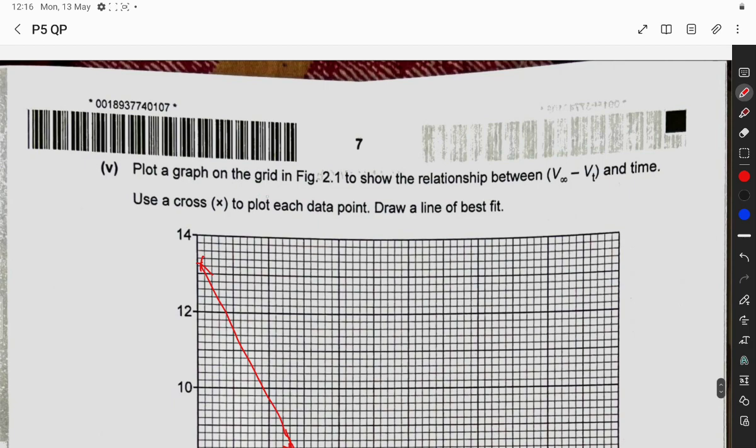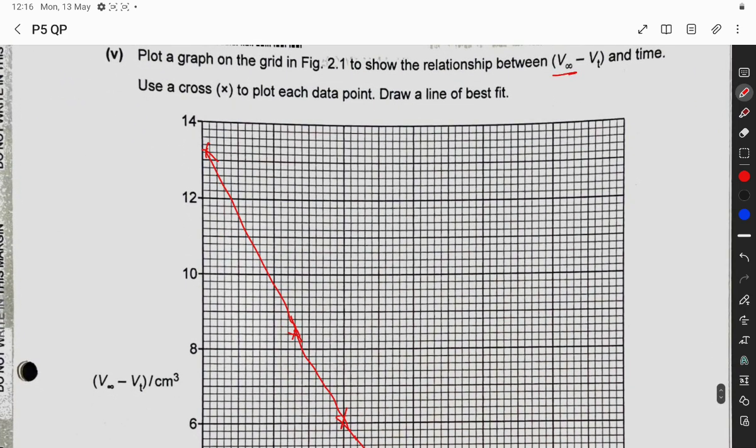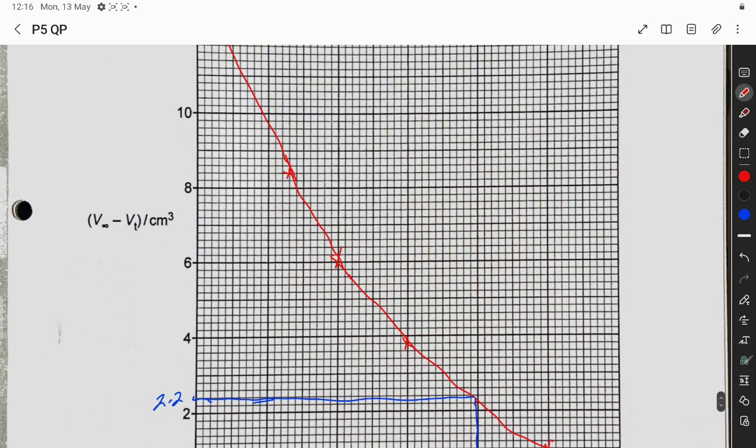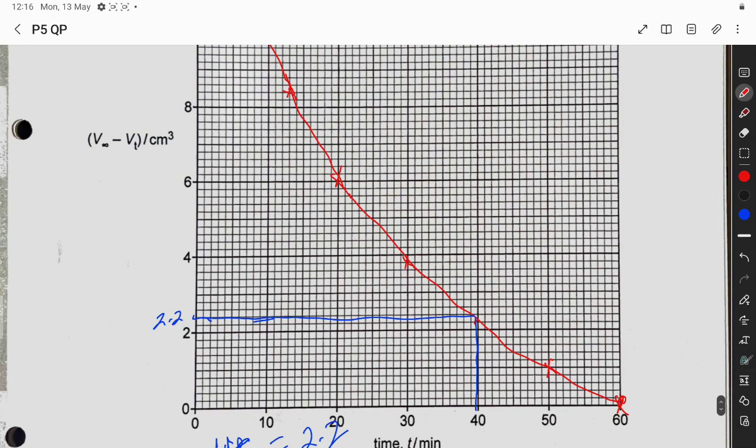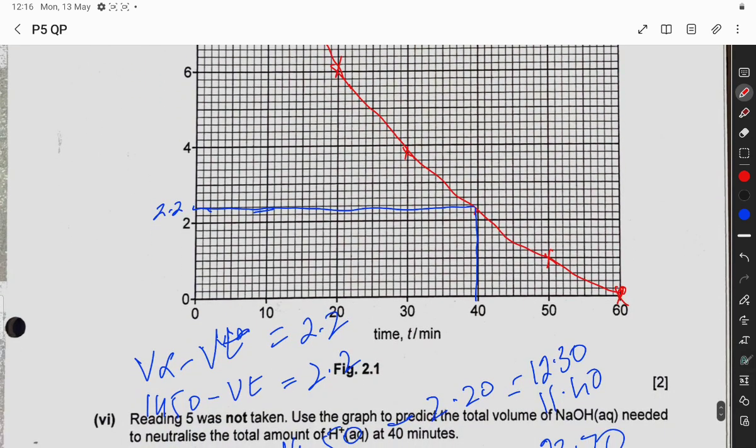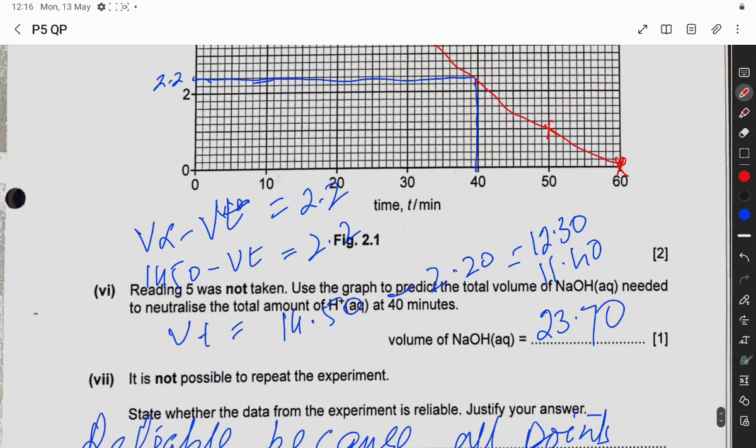Plot a graph on the grid to show the relationship between V infinite minus Vt and time. Use a cross to plot each data point. So I have drawn this graph earlier, V infinite minus Vt. So reading 5 was not taken. Use the graph to predict the total volume of sodium hydroxide needed to neutralize the total amount at 40 minutes.